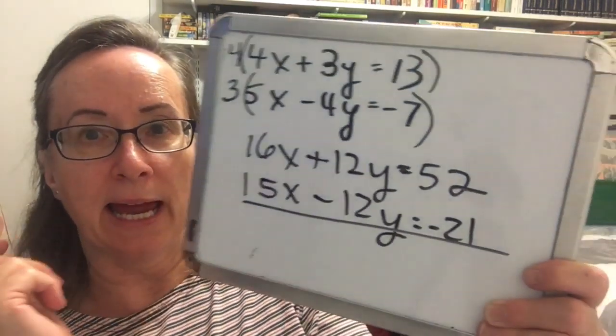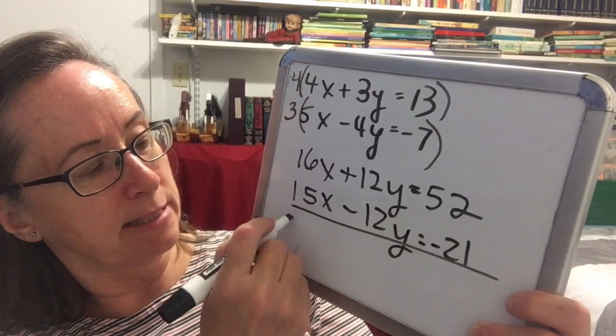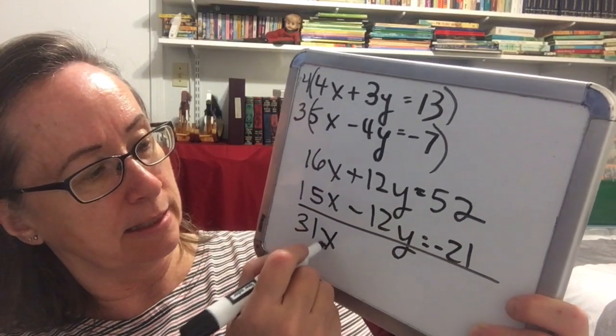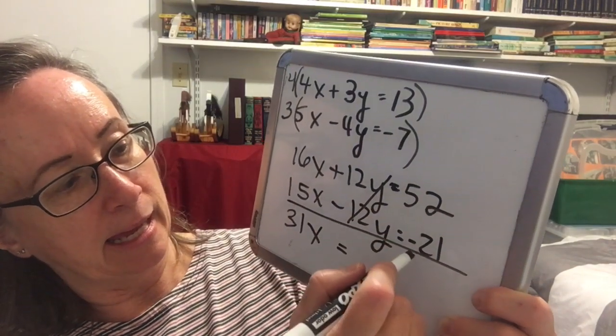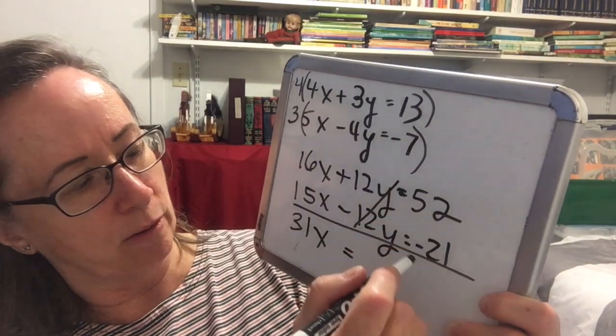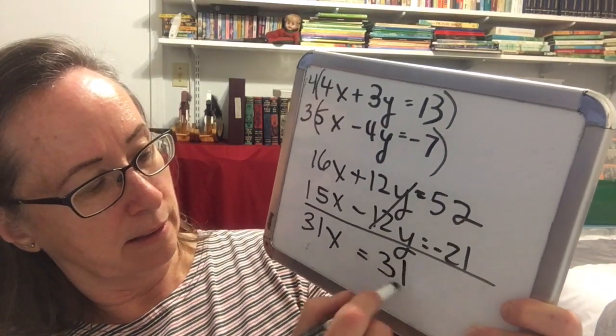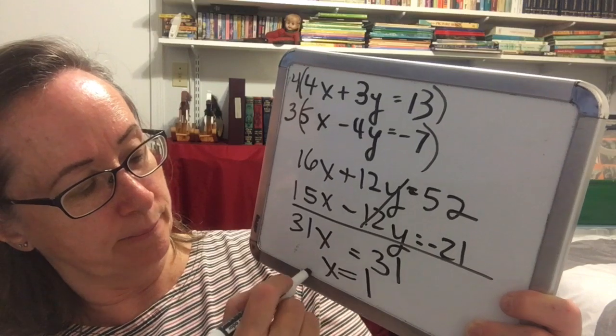So now I'm ready to add the two together. So 16 plus 15, that's a 31x. This cancels. Since that's a minus, that's going to be a 31. So 31x is 31, x must be 1.